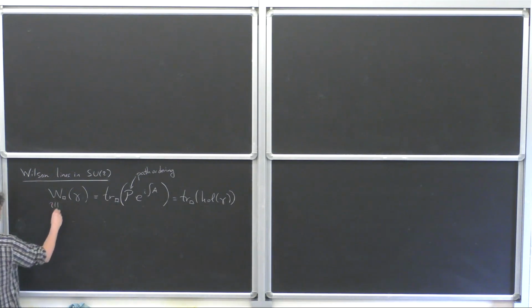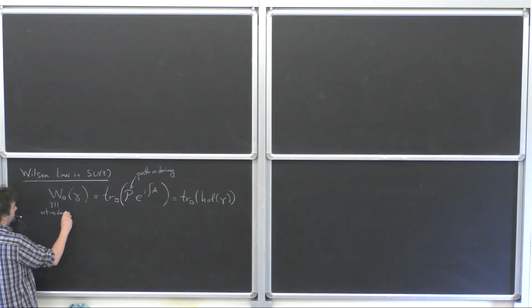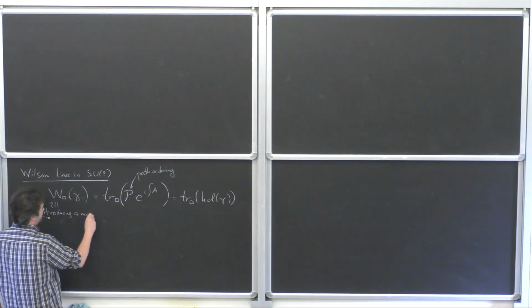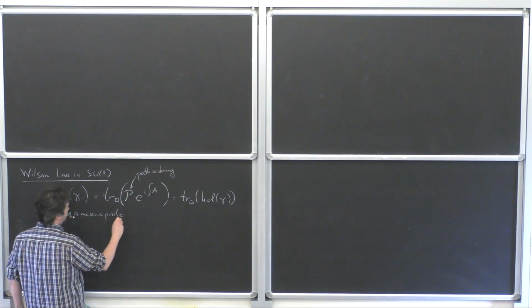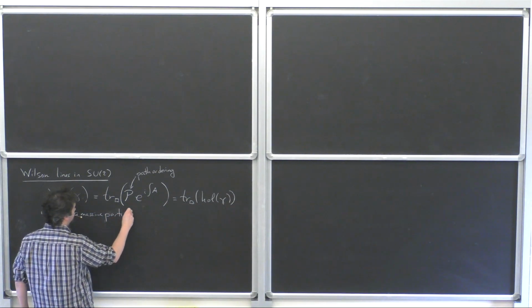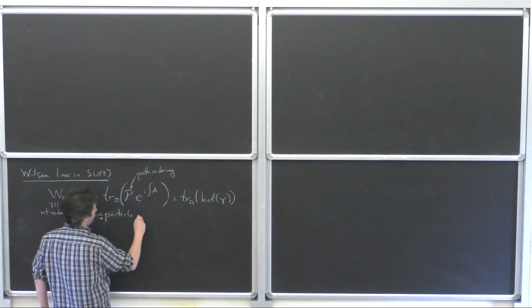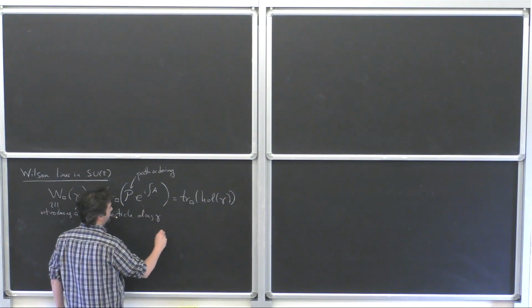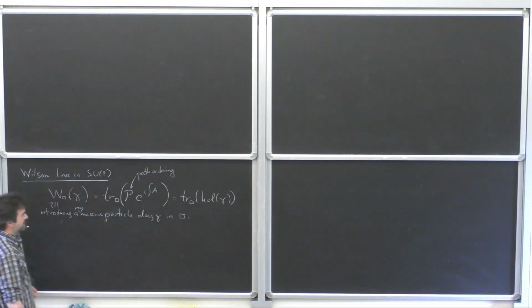So this is intuitively the effect of introducing a massive probe, an object without dynamics, so it's very massive, along gamma in the representation which we are given, in this case the fundamental.